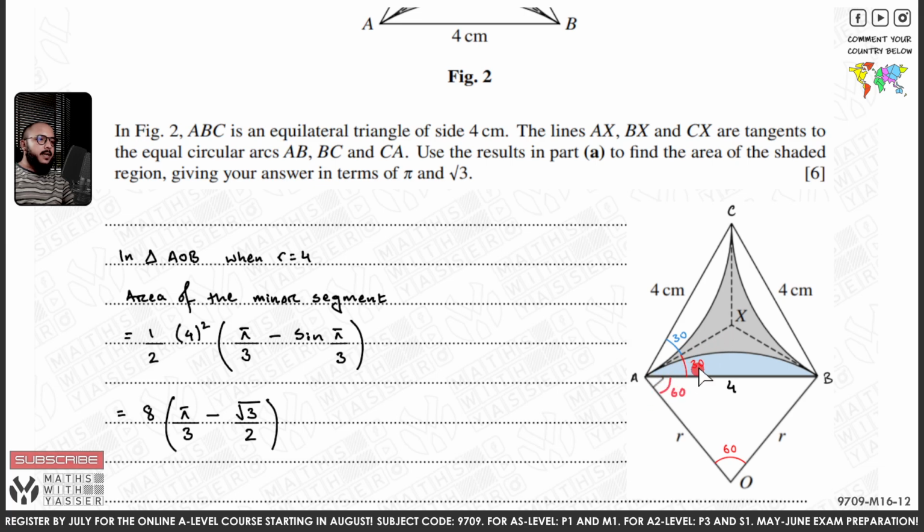So if this is 30, this will be 90 minus 30, which is 60. So if this is 60, similarly this will also be 60, therefore this must be 60.